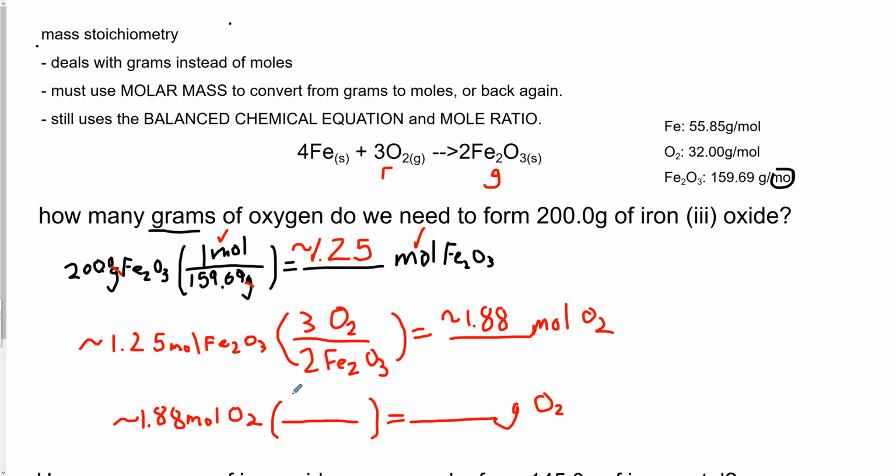So we want to get rid of moles, so 1 mole goes on the bottom. That's the per mole. And then 32.00 grams up top. I do my little math. I get 60.12 grams of oxygen.